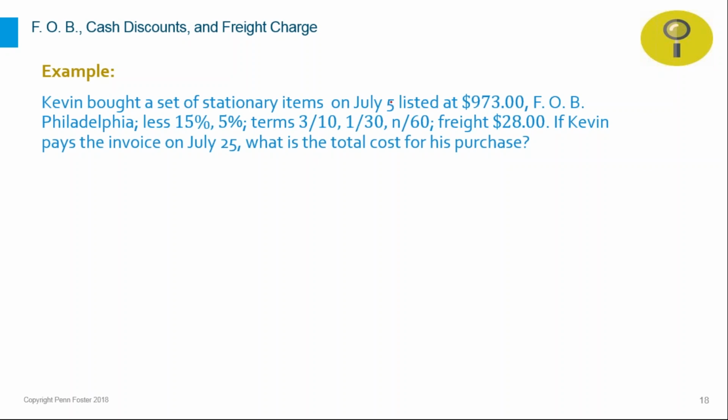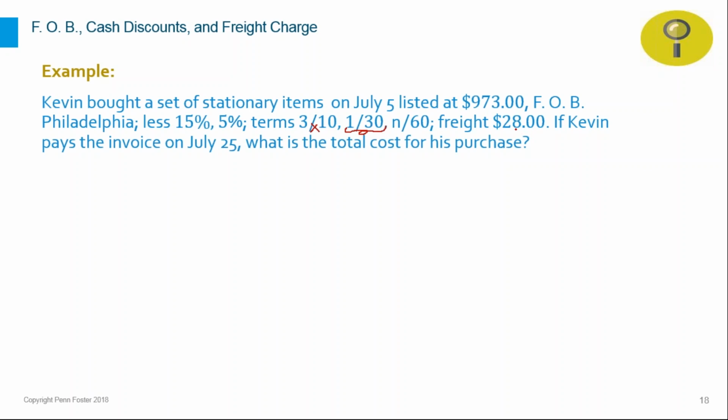Well, he purchased on the 5th and he pays on the 25th. That is 20 days, so the 3/10 term is not applicable. He will only get an extra 1% off the 15% and 5% because he paid within 30 days. And also he has to pay the $28.